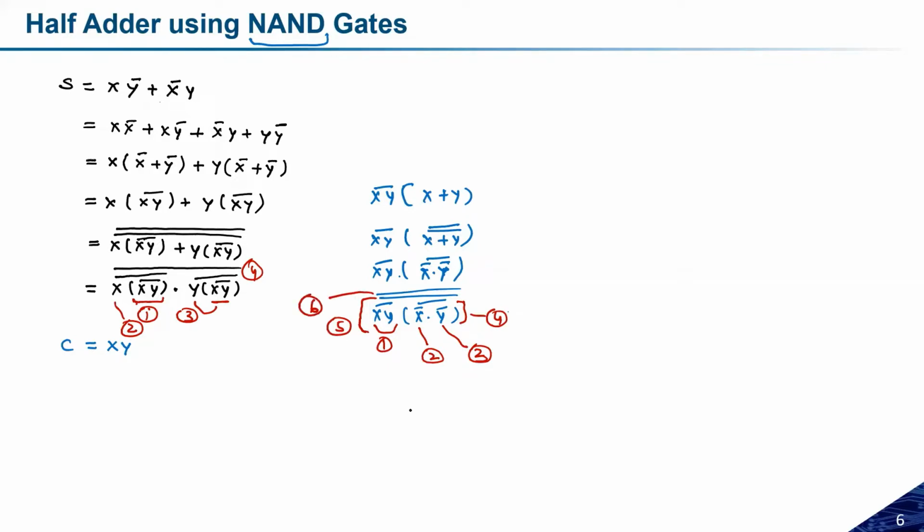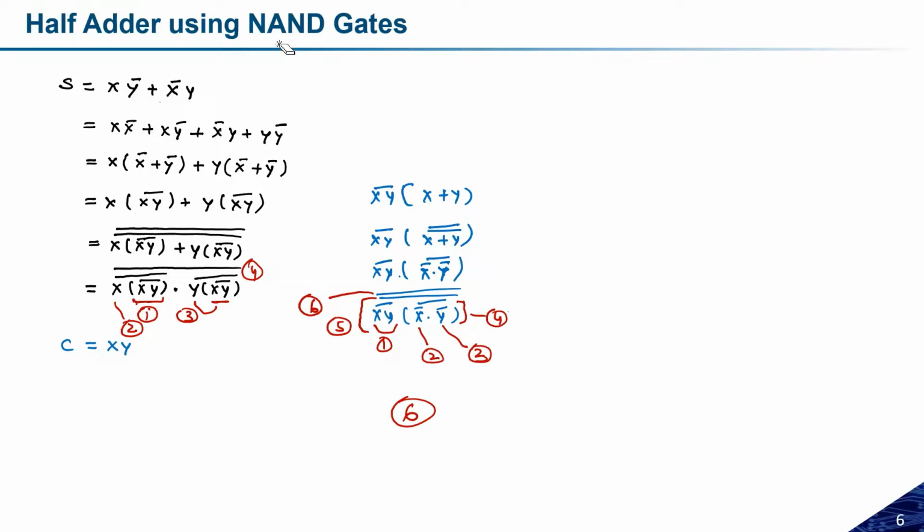So you need a total of 6 gates now. In the second case the gate requirement is 6, not 4.